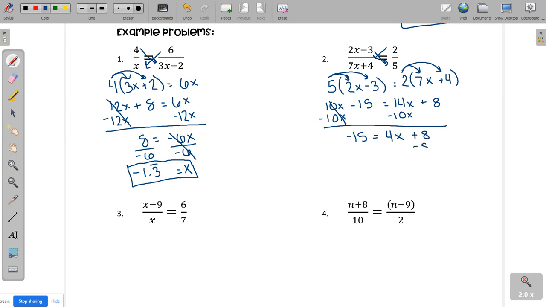Get rid of the loose number, so subtract 8 from both sides. Get negative 23 equaling 4x. Divide by 4. And we get x equal to negative 23 divided by 4, which is negative 5.75.